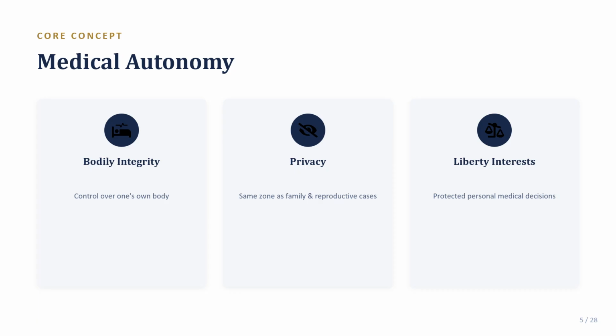But the ultimate thing here is that I want you to hold on to this three-part concept as a genuine through line for the rest of this lecture. Abortion doctrine is fundamentally a medical autonomy question. So it's control over a decision involving one's own body and reproductive future.